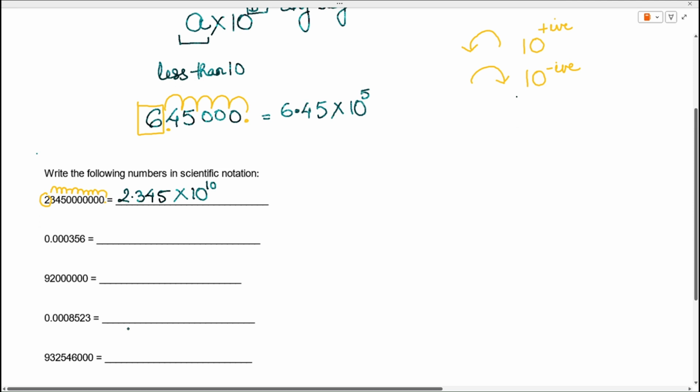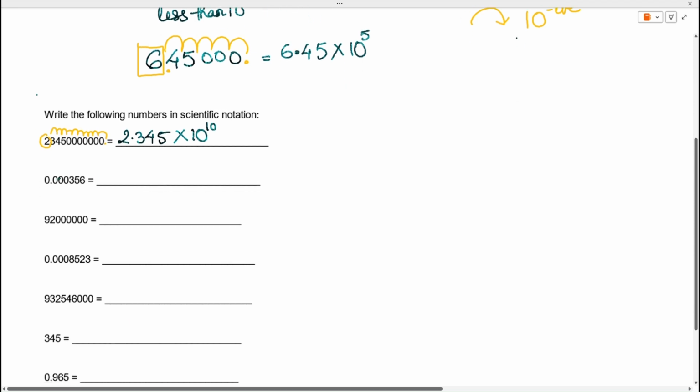Now, for the next one, this is our question. And now what we need to do is locate the first non-zero digit, which is 3. So we need to have a decimal after 3. The decimal we can see right over here, so we have to move it 1, 2, 3, 4 decimal places to the right.